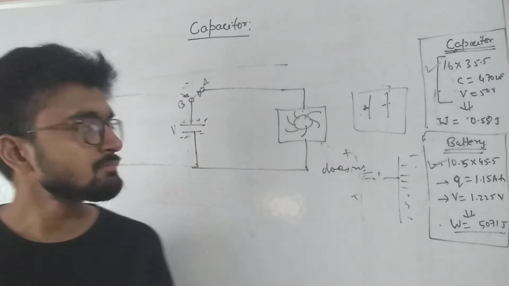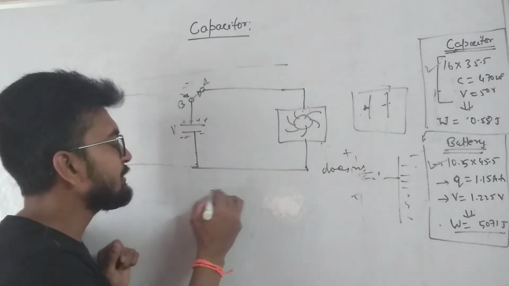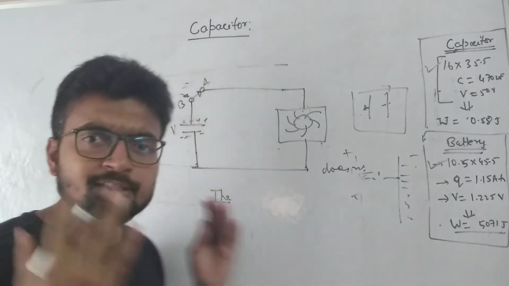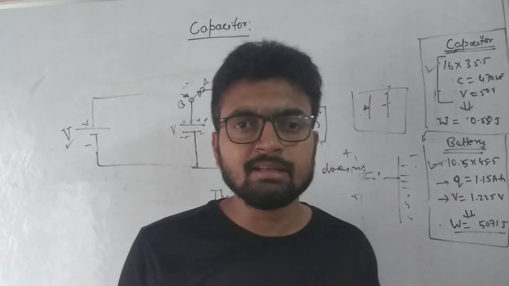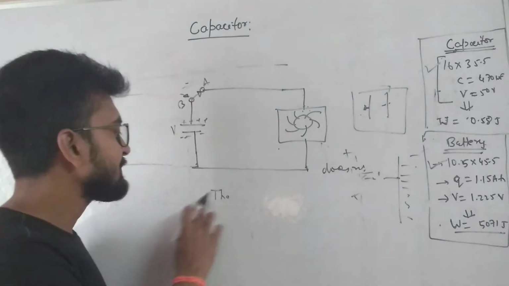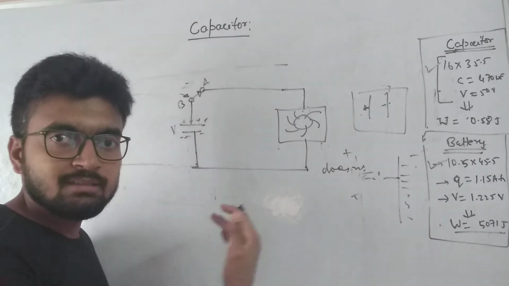So why so? The very fact behind it is the rate at which the capacitor gives the energy to the motor. Capacitor discharges energy at a very high rate, which makes the motor start. So the rate at which a capacitor discharges is much more than the rate at which a battery does.